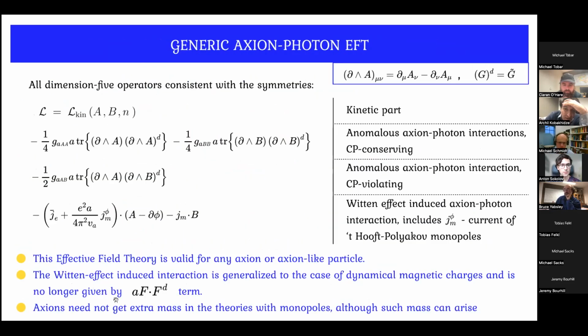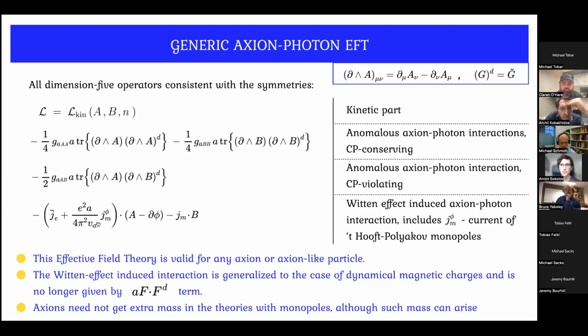No. I understand. This was found not by us, but by some other people before us. Actually, this does not spoil the solution to the strong CP problem. This mass arises from this term, where axion times magnetic current times the vector potential times the four potential. The reason why this mass arises can be seen because this term is not symmetric with respect to arbitrary shifts of the axion.